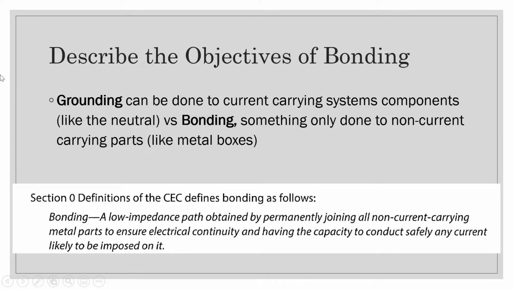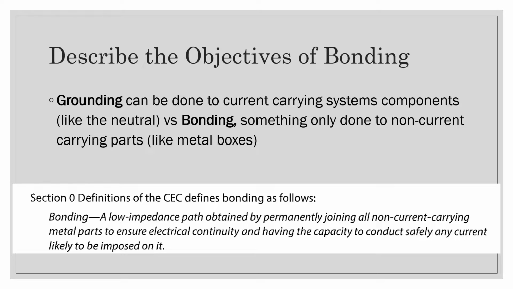Section 0, which is the definitions part of the Canadian Electrical Code, defines bonding as follows. Bonding is a low impedance or low resistive path obtained by permanently joining all non-current carrying metal parts to ensure electrical continuity and having the capacity to conduct safely any current likely to be imposed on it.